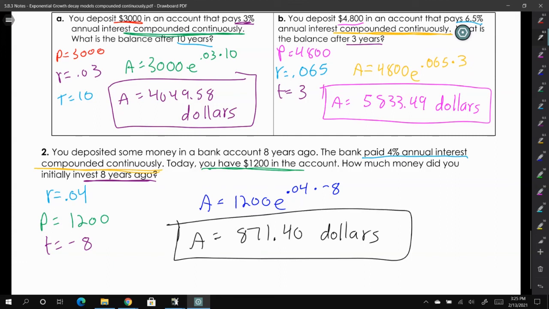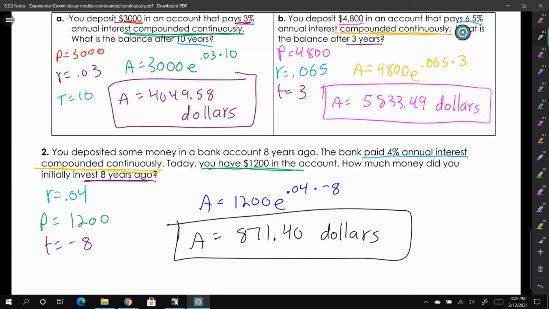So I'm hoping that you're feeling more comfortable with these formulas. The hardest part is really dissecting these problems and saying, okay, which formula do I use in this problem, and what are the key words that we're looking out for? In compounded continuously problems, we are looking for the words compounded continuously. If we don't see the word continuously, but just see compounded monthly, quarterly, yearly, semi-annually, that means we have to use the formula from the other day with the N in it.